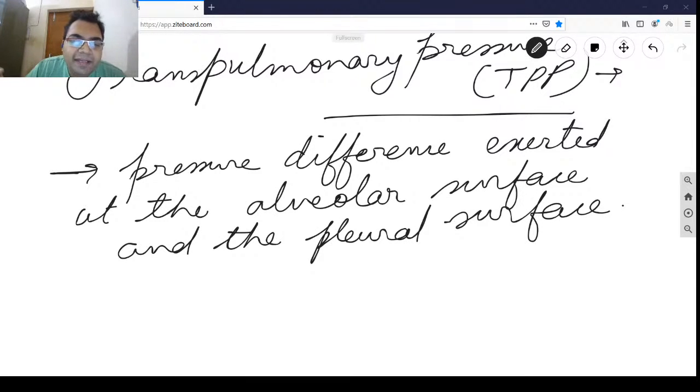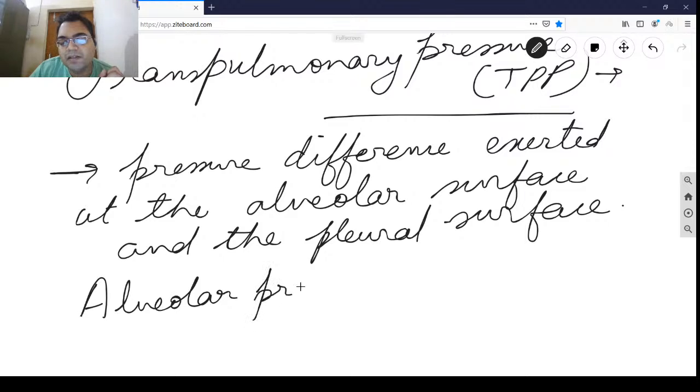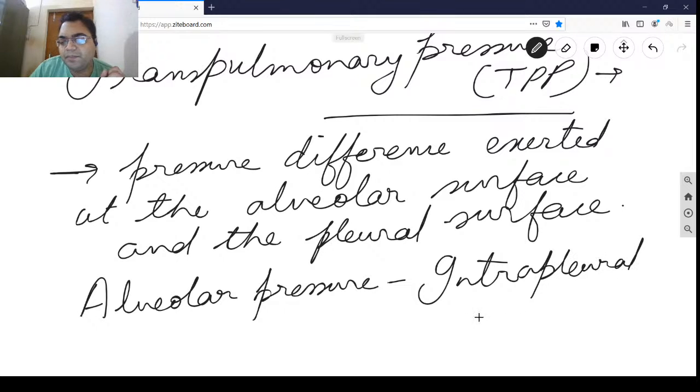Now, I can call it the transmural pressure, meaning the pressure on the inside of the structure minus the pressure on the outside of the structure. I can call it alveolar pressure minus intrapleural pressure.